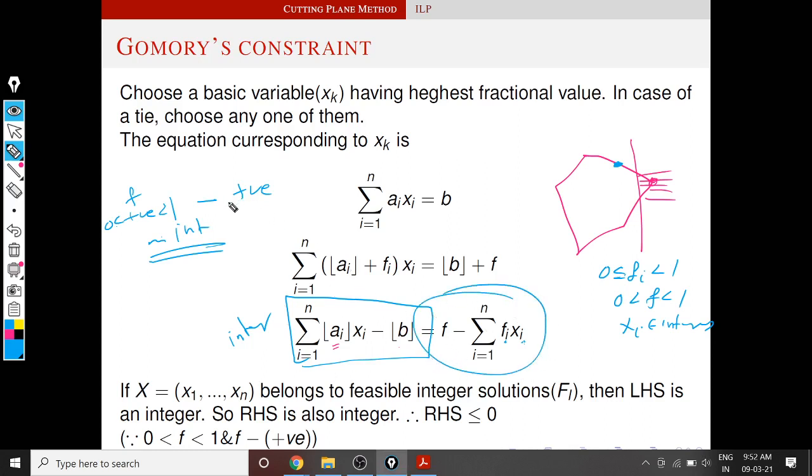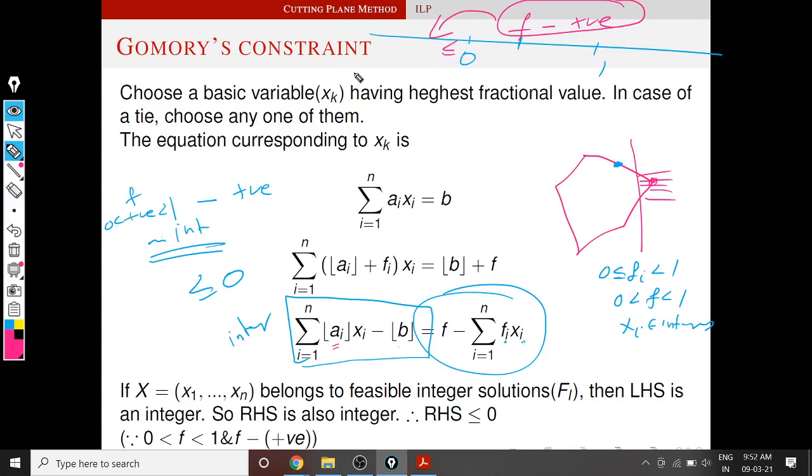So what is the value of that integer? That integer should be less than or equal to 0. You got it? So this is our 0, this is our 1, f is somewhere here. So f minus a positive number, and this entire quantity should be an integer. That means this quantity belongs here. It is less than or equal to 0. Therefore RHS is less than or equal to 0.